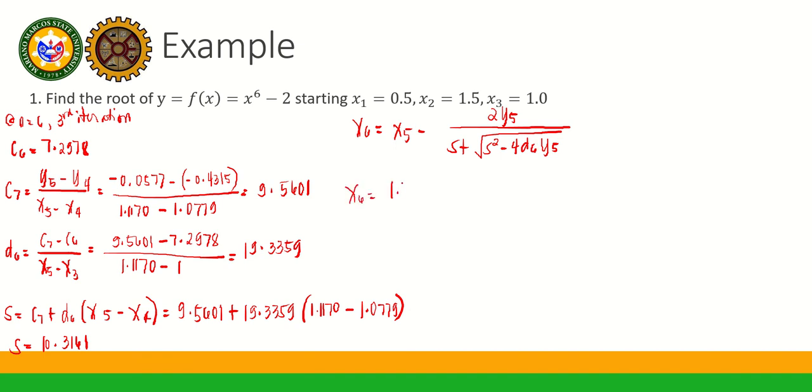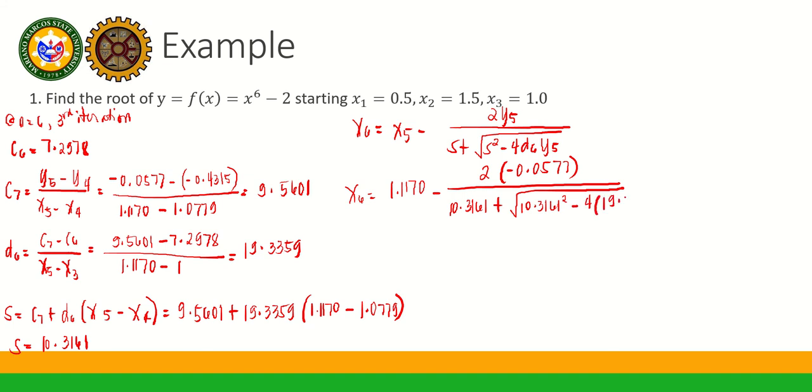This is equal to 1.1170 minus 2 times negative 0.0577 all over our S, that is 10.3161, plus the square root of S, that is 10.3161 squared minus 4 times our d sub 6, that is 19.3359, multiplied by y sub 5, that is negative 0.0577.